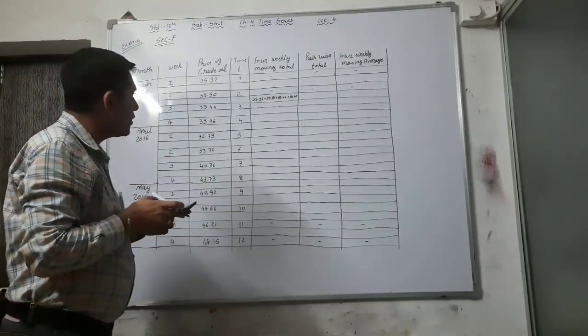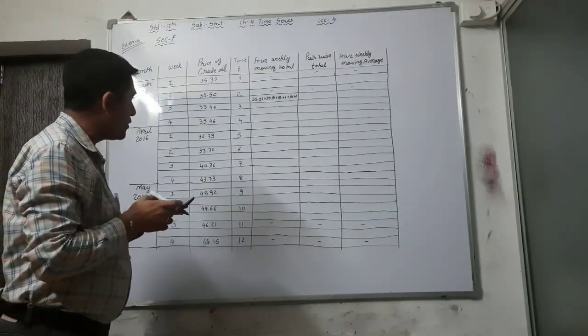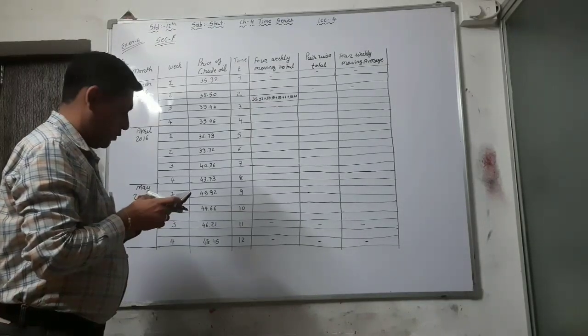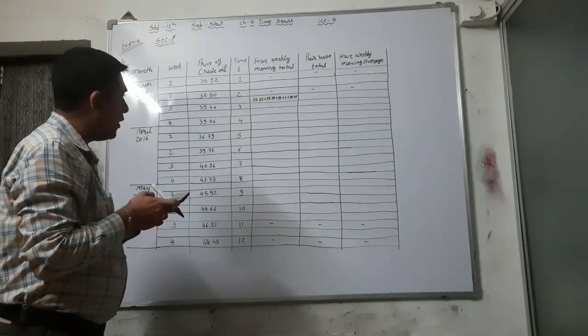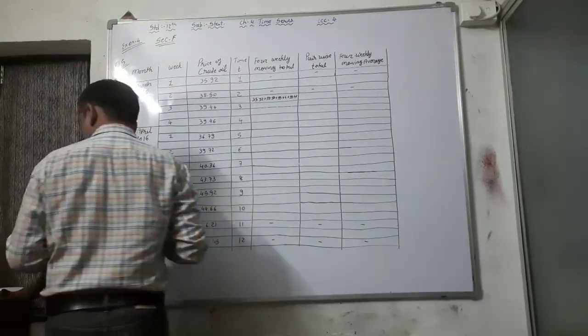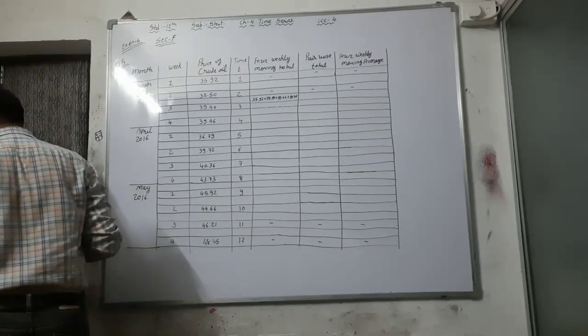First of all, make the total: 35.92 plus 38.50 plus 39.44 plus 39.46. What's the total? 153.32.